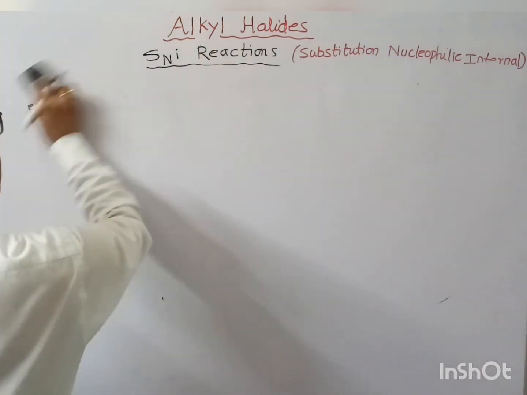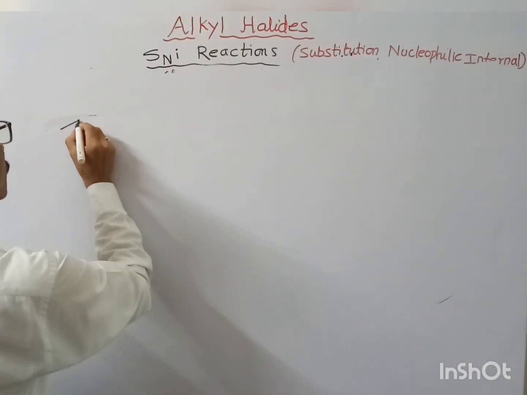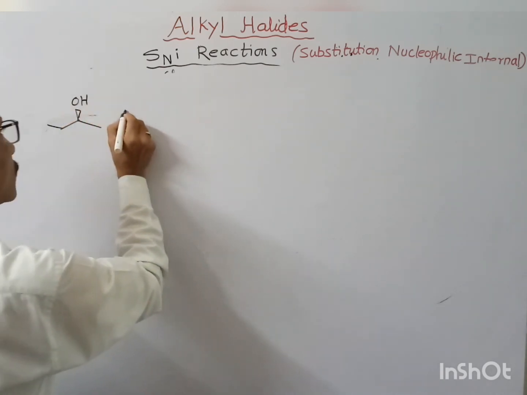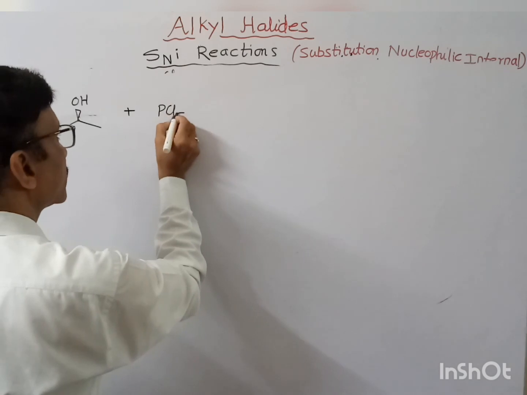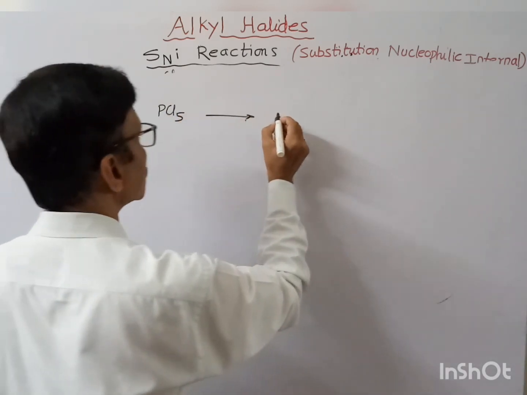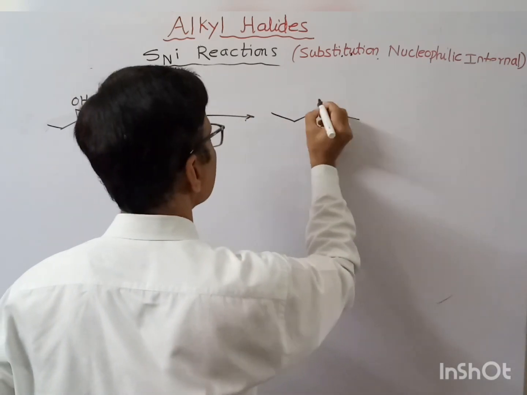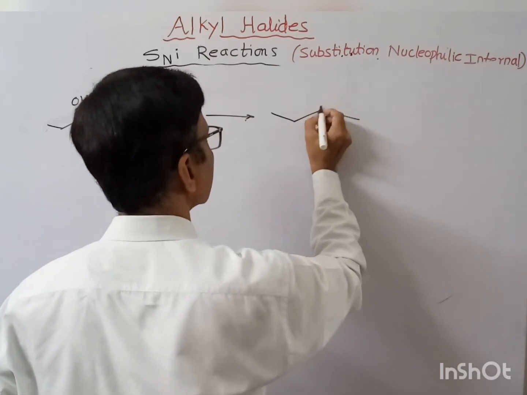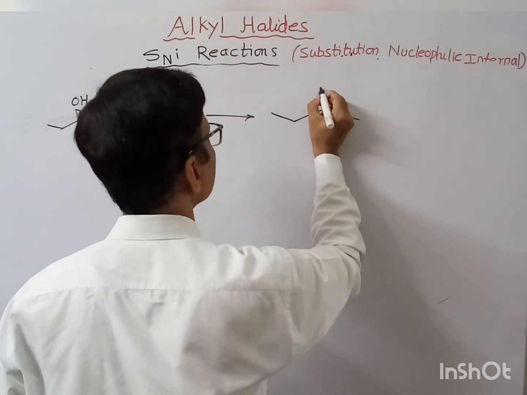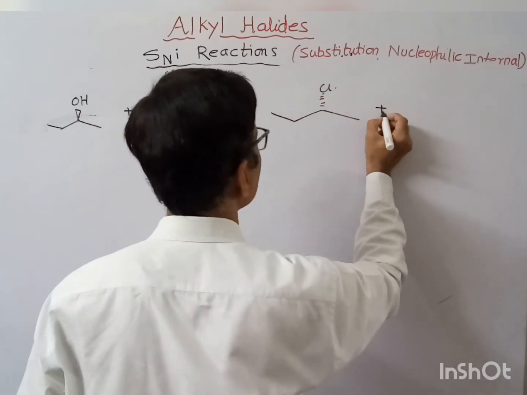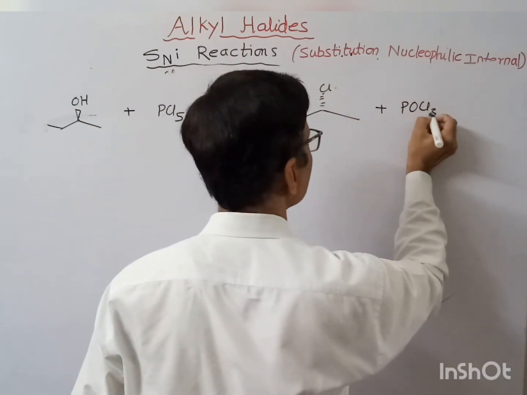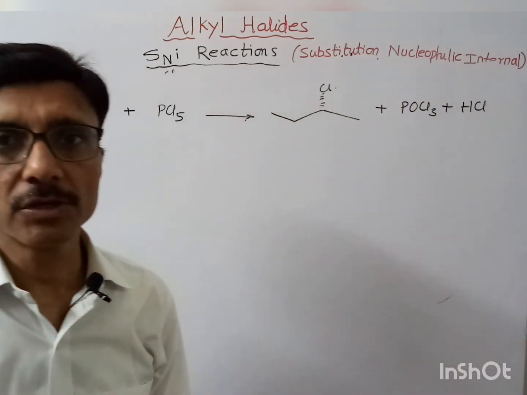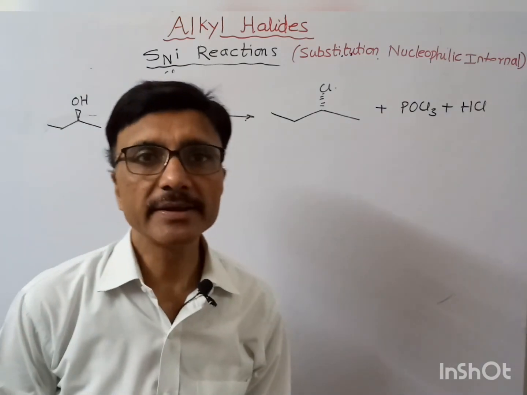So suppose we are taking alcohols in presence of PCl5, that can also give the substitution product, and here also the inversion of configuration takes place. So this would be formed. Okay, so this is about the SNi reaction.